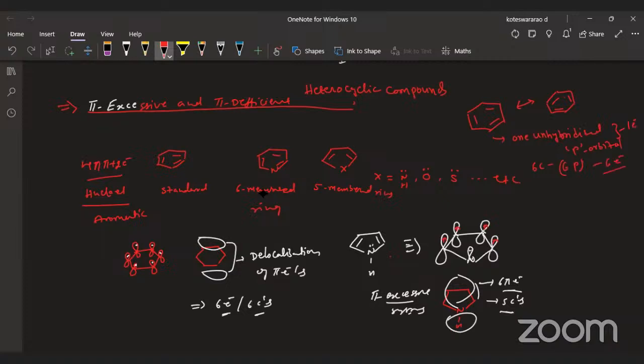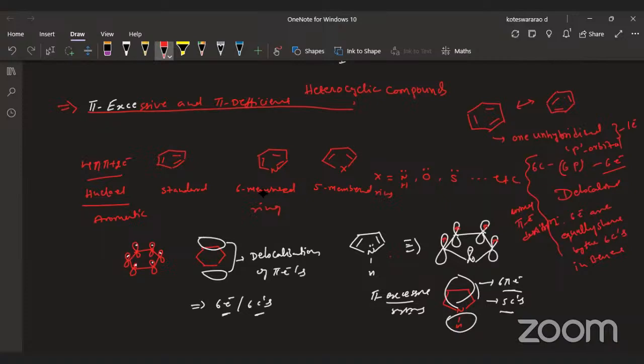The 6 electrons are delocalized, so they are equally shared by the six carbons in the ring. Therefore, this is called normal pi electron density, or pi electron cloud density.